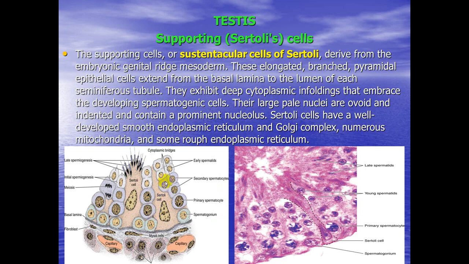And spermatogenesis is impossible without Sertoli cells. Sertoli cells have very well developed smooth endoplasmic reticulum and Golgi complex, numerous mitochondria and some rough endoplasmic reticulum.